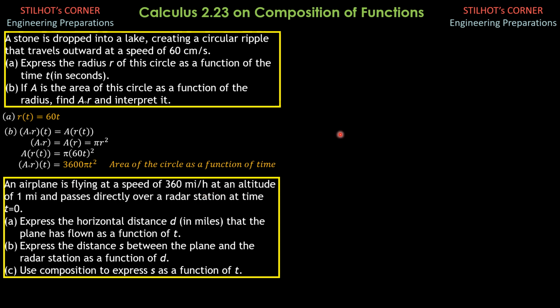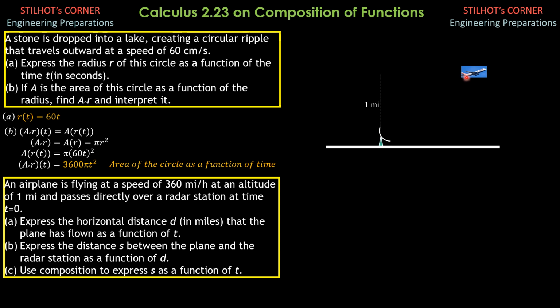So to help visualize the situation, let's have the figure. So we have a radar station and the plane is 1 mile overhead, and this is the starting point at time t equals 0. The plane will be here at time t hours after.